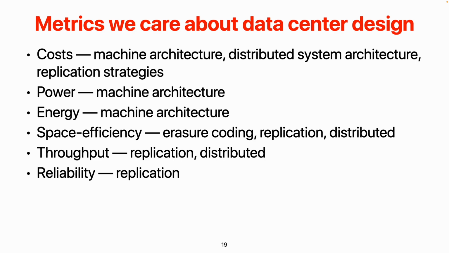So in data center design, they care about power, they care about energy, they care about space efficiency. Why do they care about the power? Because power is related to the cost of heating. Again, the cost. What about energy? Related to the cost of the electricity bill. Again, it's about money. Space efficiency, the space overhead in storing every bit of data.